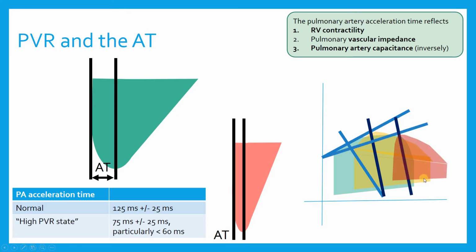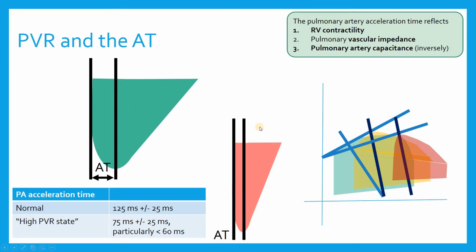Now, as I really change loading conditions and really overload the RV, RV contractility is going to fall off, and the slope of this is going to be much higher. Again, this is my RV elastance line, which reflects contractility, and this is my pulmonary artery elastance slope, which is going to reflect my pulmonary vascular resistance or impedance. So in this type of condition, you can start to understand why the acceleration time is much shorter.